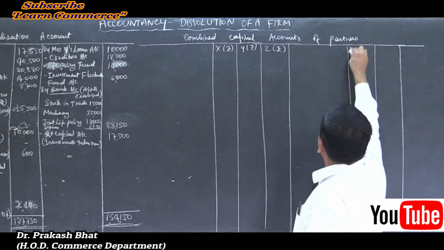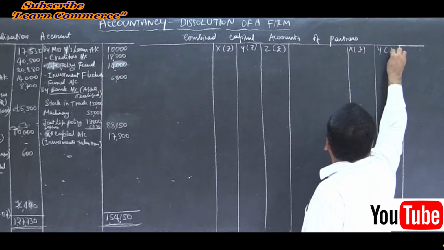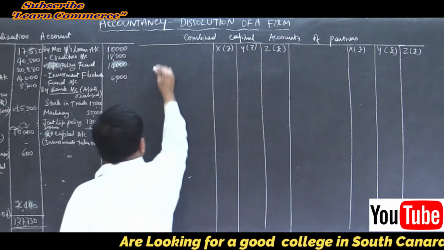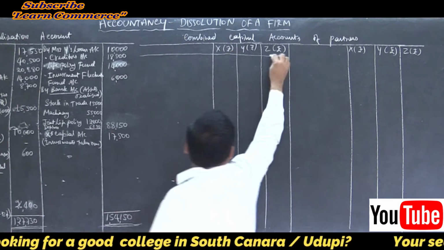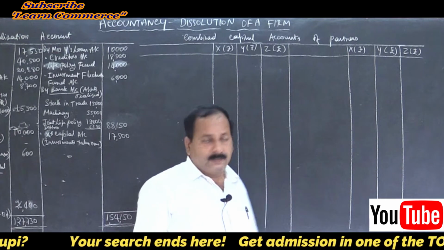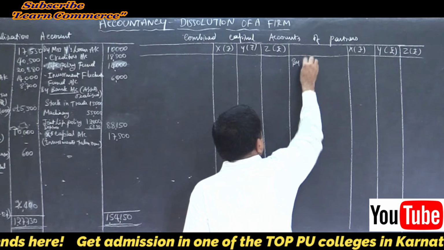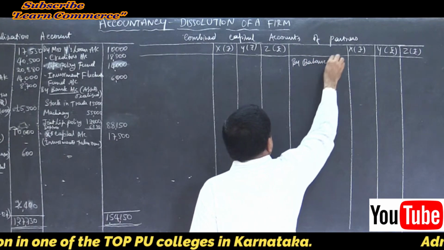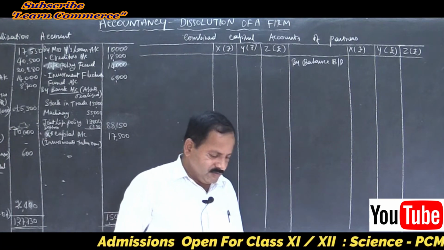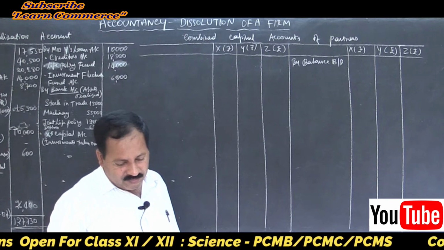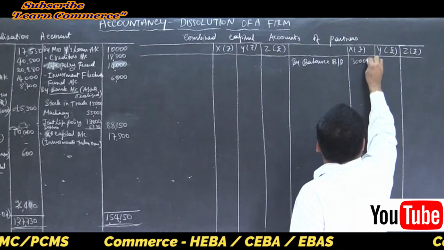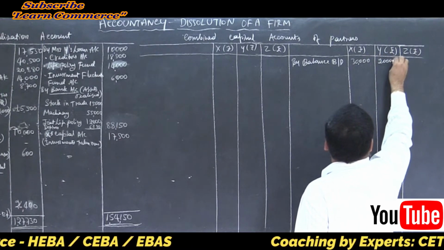Here also X, Y and Z. Write debit, credit, particulars. Clear? Let us start with by balance brought down. How much? Refer the problem. I think it is 30, 20 and 10. Yes, it is 30, 20 and 10.